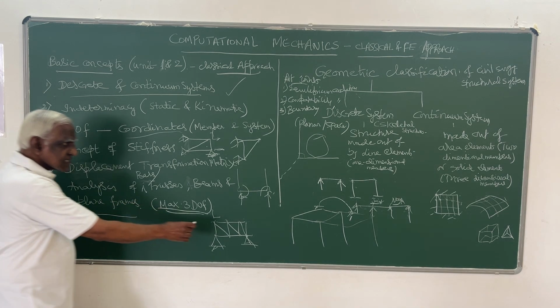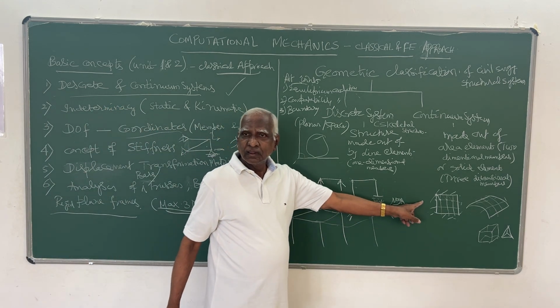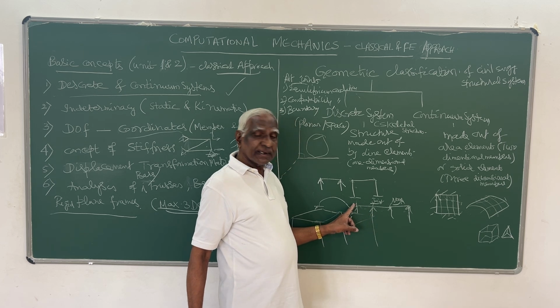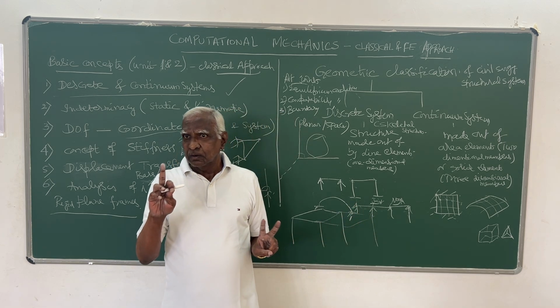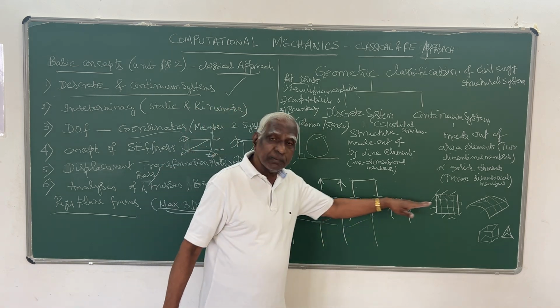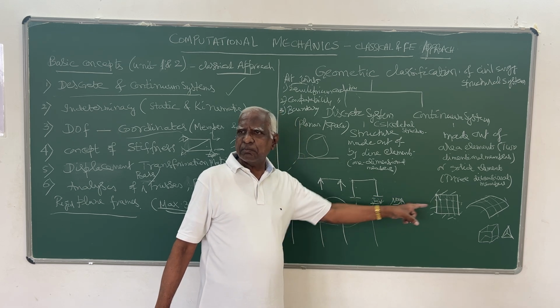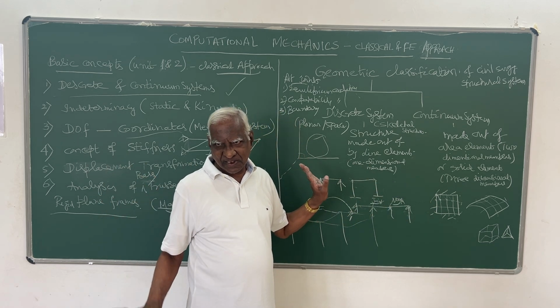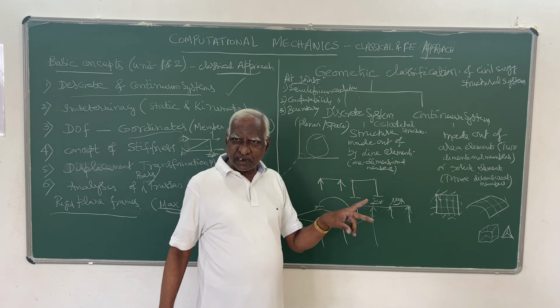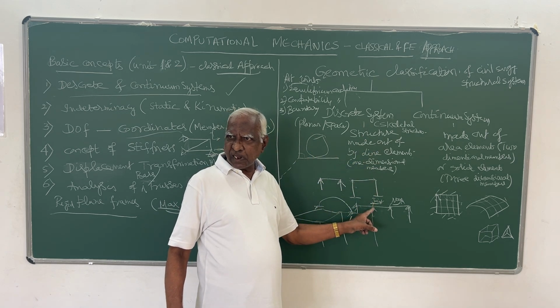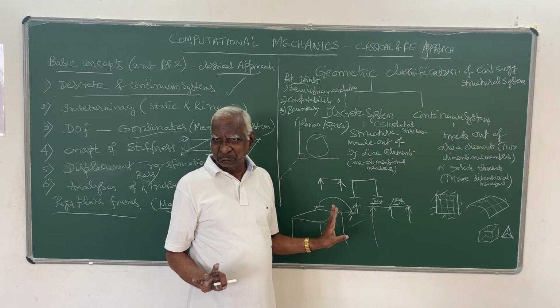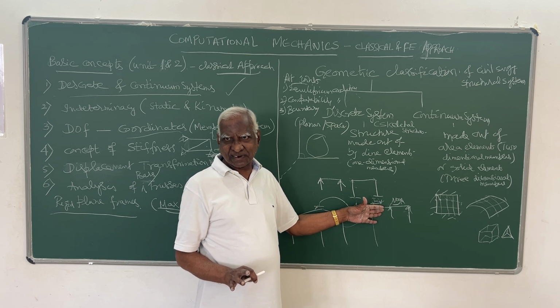Suppose if you take this beam. In this beam, at each joint, we assume beam to be axially rigid. That means this axial displacement we consider as 0. So the only other possibilities are vertical displacement and rotation. That's all, because it's a planar structure.